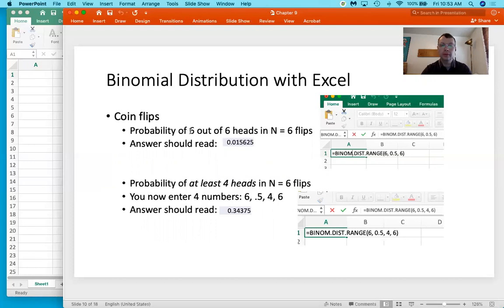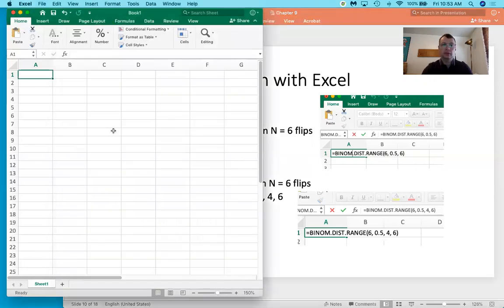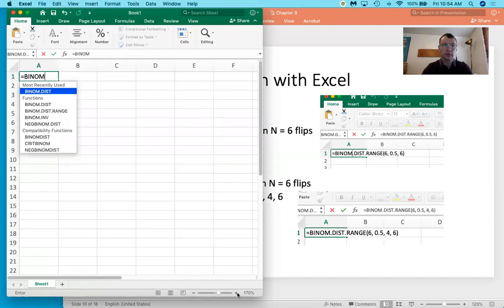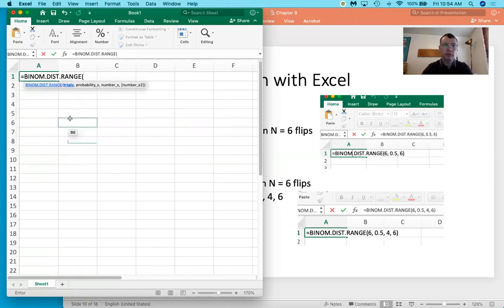If we want to know the probability of 6 out of 6 heads occurring in a series of flips, we're going to use the BINOM.DIST.RANGE function with 3 arguments. It will look like this. You'll type equals BINOM.DIST.RANGE. And the first argument, you can see it says trials, right?